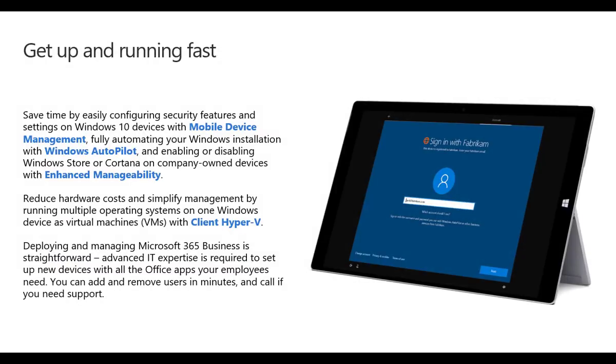Now, one of the things Microsoft brings here is the ability to roll out Windows 10 devices using things like Autopilot. Basically, you set up the back end, the user buys a new machine, opens it up, connects it to the internet, and logs in with their Azure AD credentials.